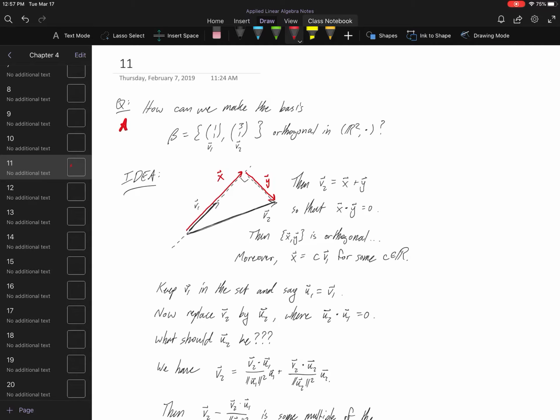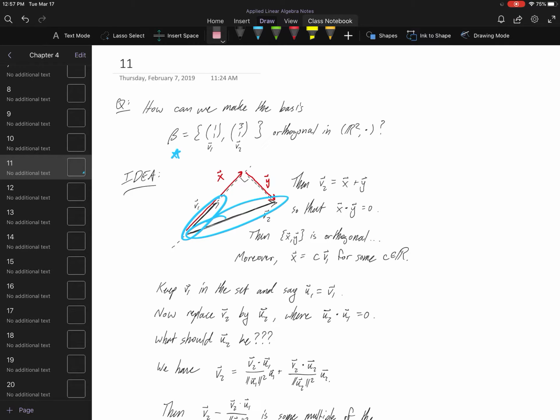So we'll come to this question then. How can we take an existing basis and make it orthogonal? Let me highlight these in blue. The two vectors that I have listed in the beta set here are already a basis of R2, and R2 with the standard inner product is what that notation is.